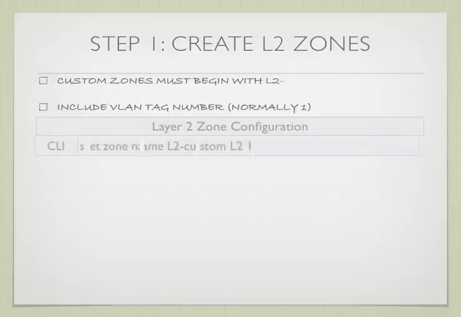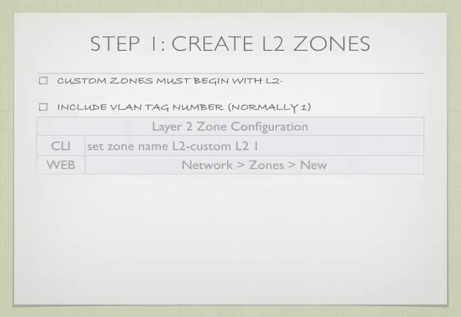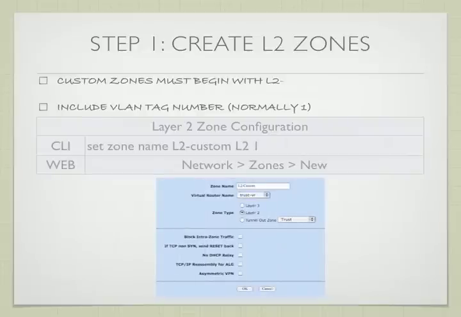And that's done like any other zone using set zone name, and then we're going to prefix it L2-custom, and the L2 VLAN is 1. In the web interface, this is still under zones, the same place that we saw it earlier, and you're going to create the name of the zone, fill out the form, and select the layer 2 zone from the pull down list, and layer 2 as the type of zone.